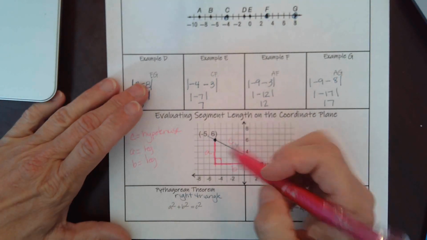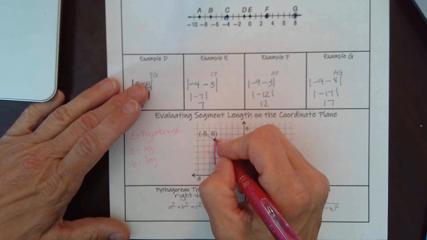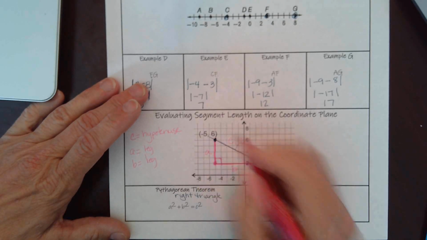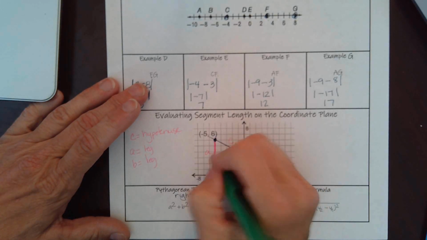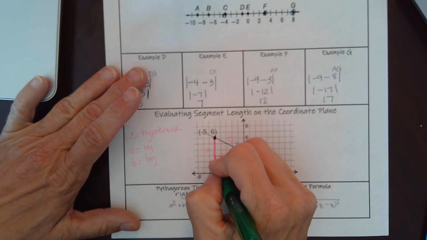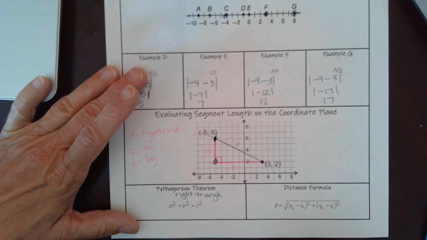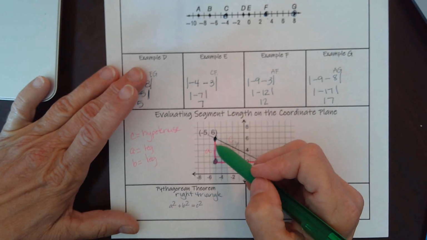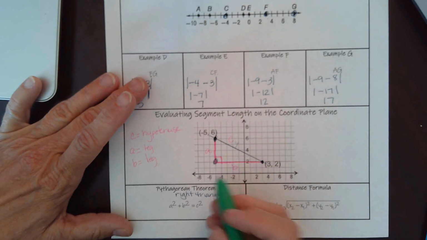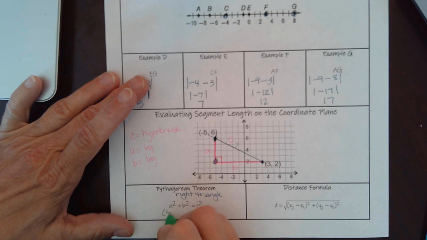All right, so let's do so. Can we count, to find the value of A, from here to here? Sure. 1, 2, 3, 4. So A is 4, so I'm going to have 4 squared plus.